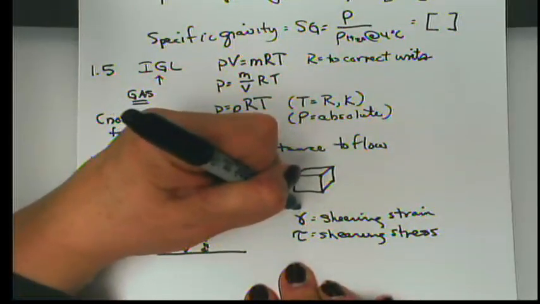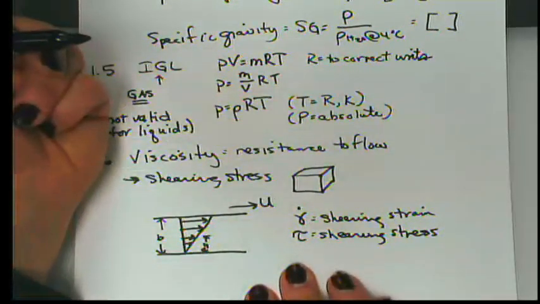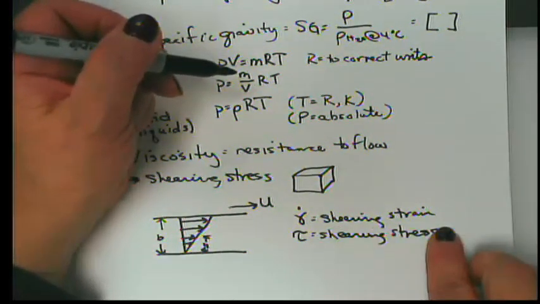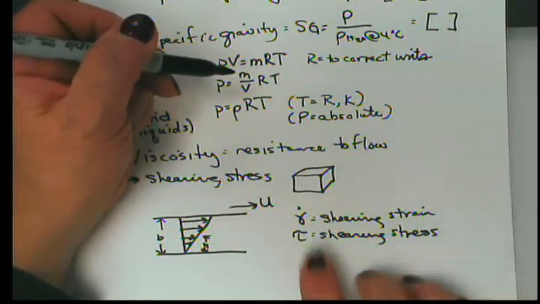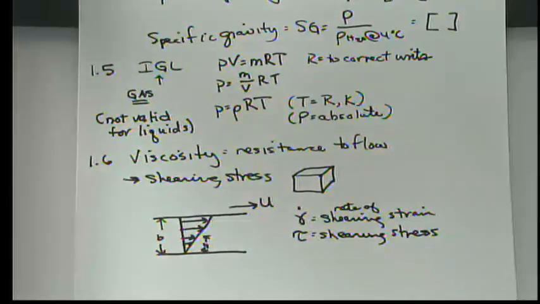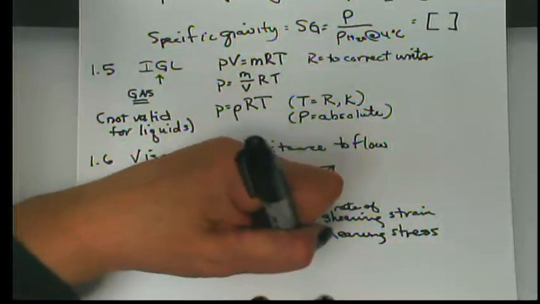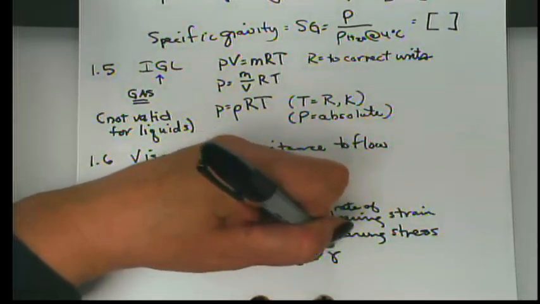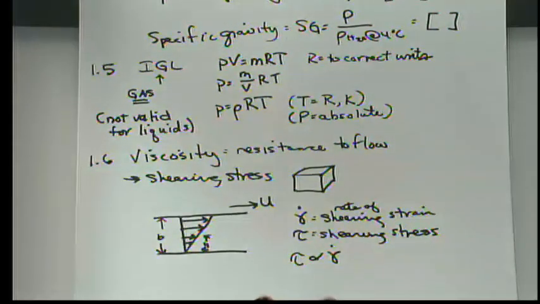If we further take the shearing strain and take its first derivative with respect to time, the rate of shearing strain must have a time factor involved in it as well. And what we find is that the shearing stress is proportional to the rate of shearing strain.